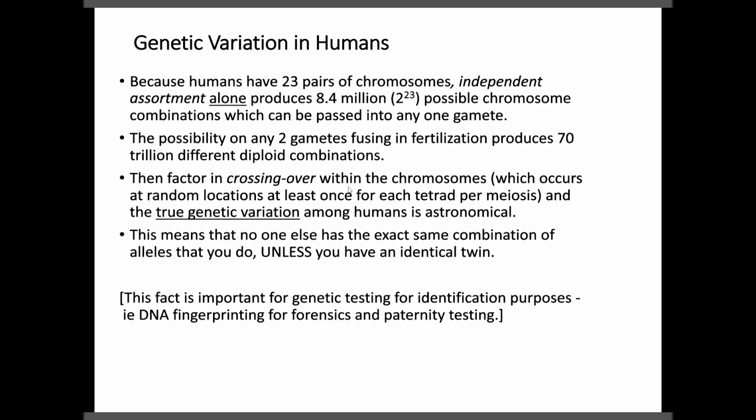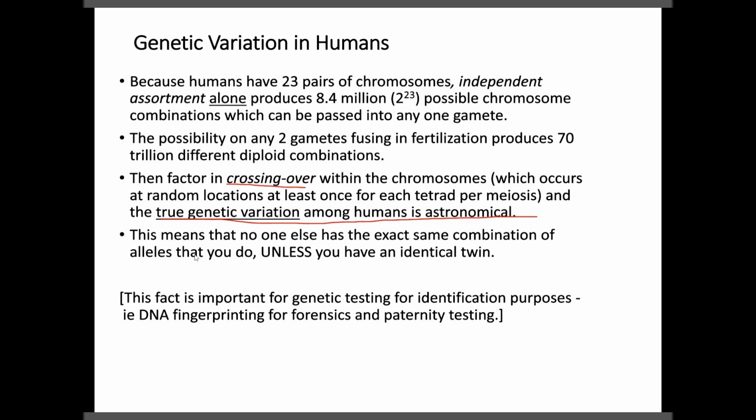And then one thing we really can't quantitate is the crossing over. Crossing over, if we consider the crossing over, which happens at least once for every homologous pair of chromosomes in the cell, and it occurs randomly every time meiosis happens, what we do know is that the true amount of genetic variation among humans becomes astronomically large.